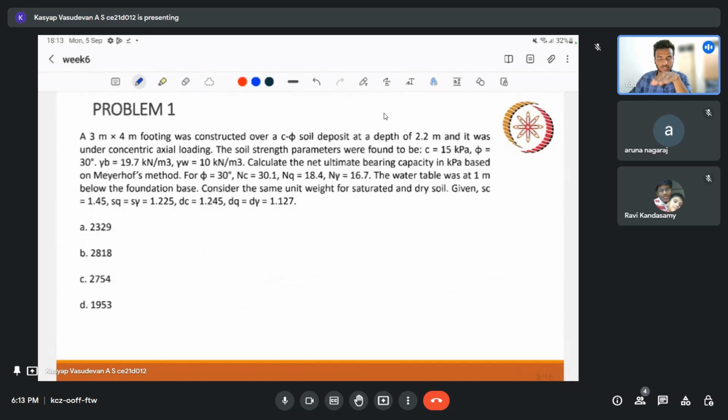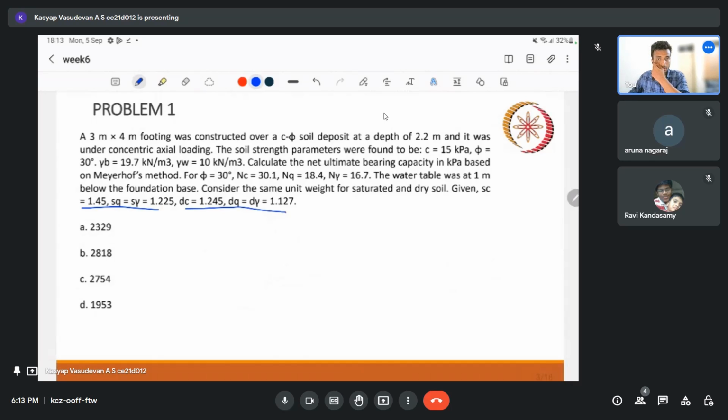Though this question is just about the Meyerhof method, we will also extend it to Hansen and Vesic just to compare how it goes. In this particular case it's quite convenient because we have shape factors given directly, but we will find them for Hansen and Vesic later.